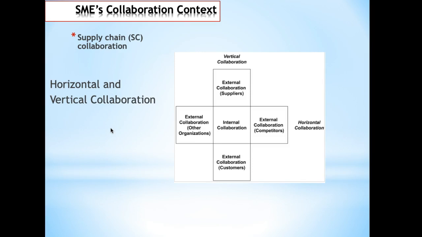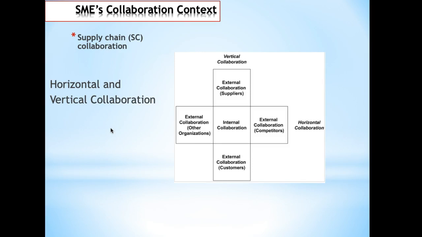Now, when you analyze the collaboration context of these SMEs, we could clearly identify some types of collaboration that exist. First of all, we would like to focus on collaboration in supply chain business. There has been a lot of research by Casal, a researcher who addressed this issue by identifying horizontal and vertical collaboration.